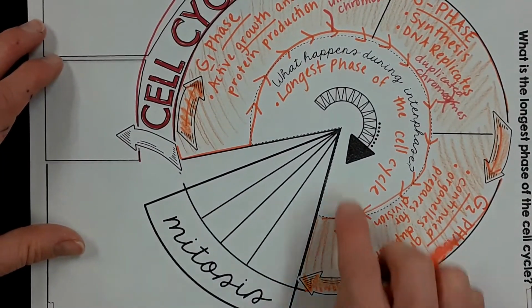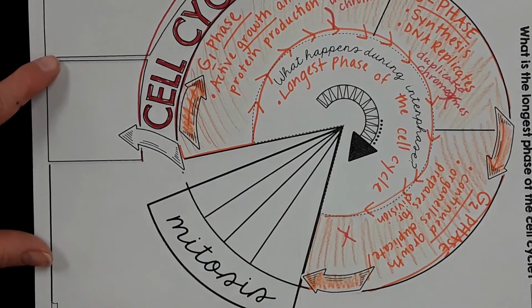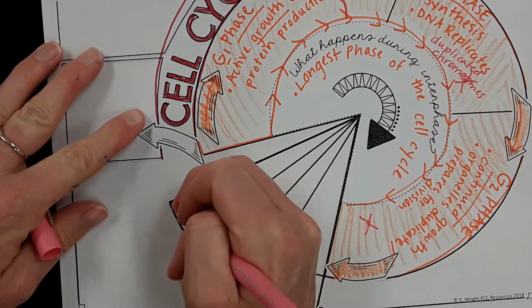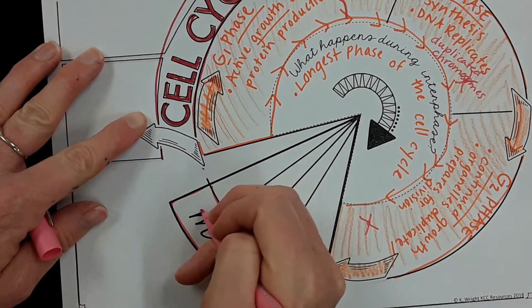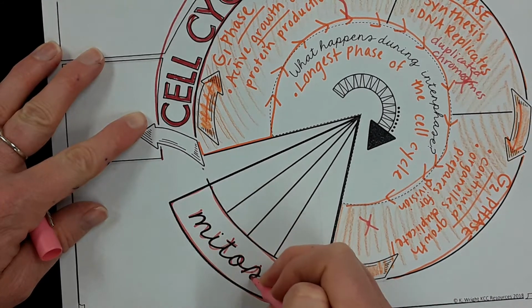All right, so what happens next is the cell is going to get ready to divide. So here it says mitosis comes next. And it says here, what exactly is mitosis? So what is this process called mitosis?